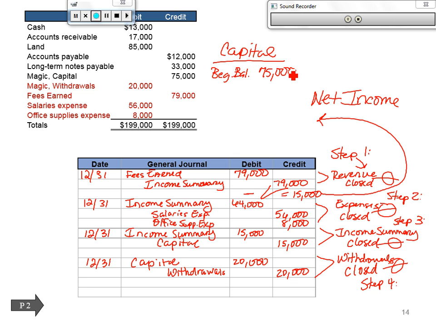Net income, 15,000. And we also subtract what? Withdrawals of 20,000. So our new capital balance should be what?